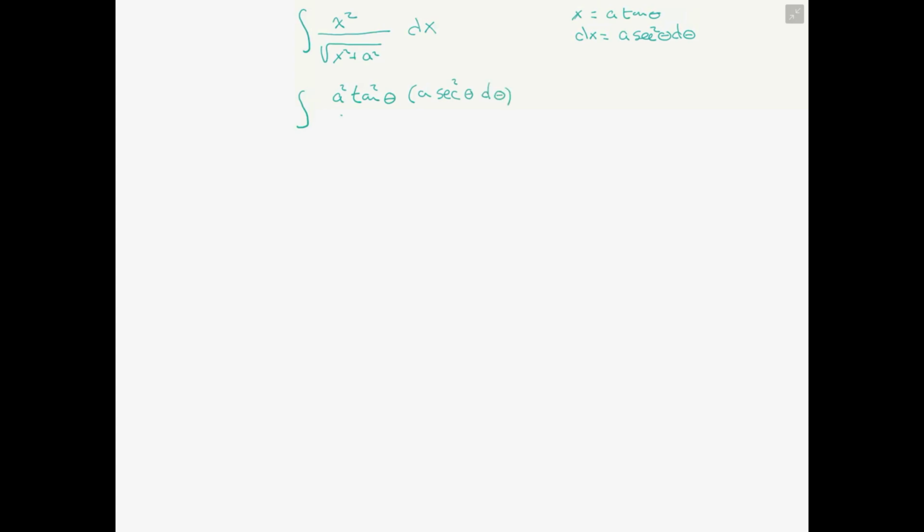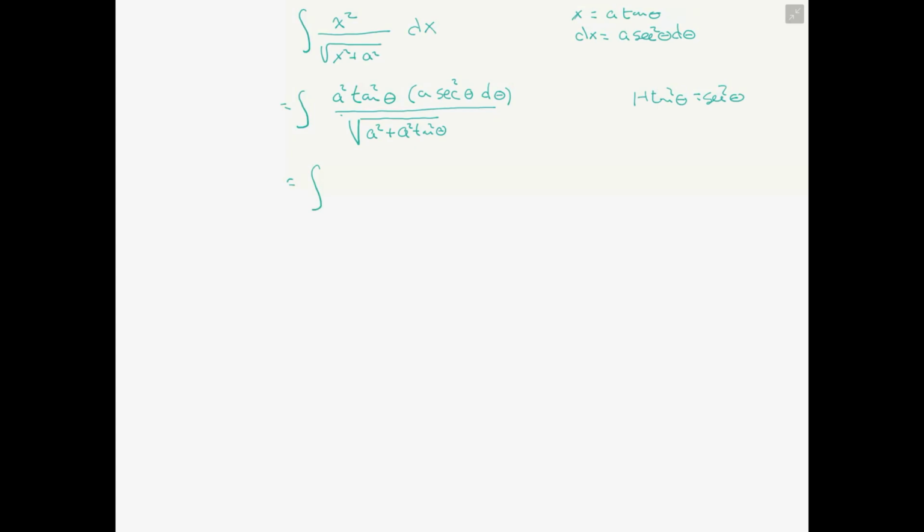And our denominator is the square root of a squared plus a squared tangent squared theta. But we know that is secant squared theta. We got 1 plus tangent squared theta equals secant squared theta.